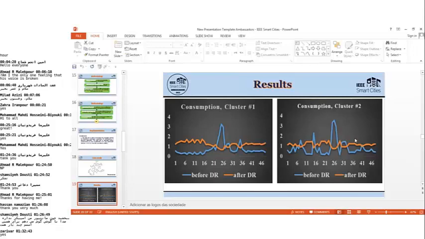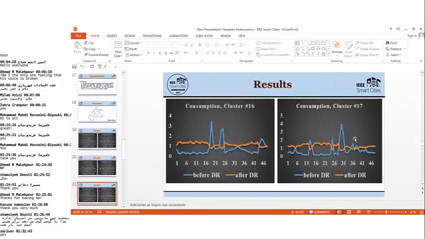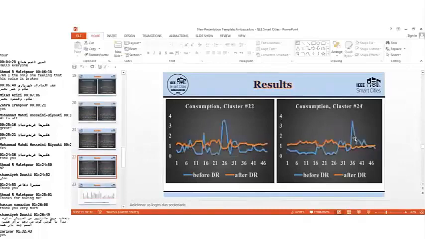As I mentioned before, we have 24 clusters, and in these slides we show this. As you know, there are some differences between these clusters and load profiles, and the electricity consumption load profile after demand response has approximately a smooth trend. Okay.